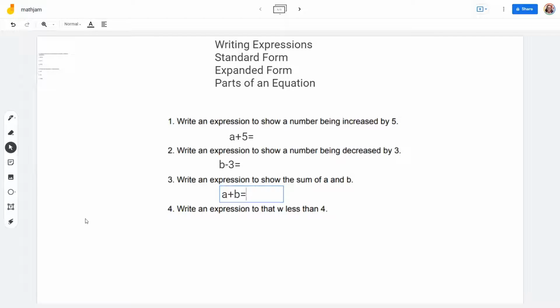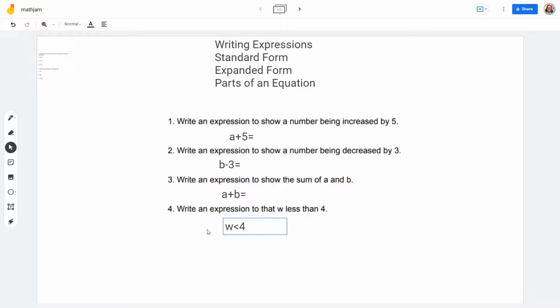All right, so let's see here. What's number 4 say? It says, write an expression that W less than 4. Ooh, write an expression, I think it means to show that W is less than 4. So we could say that W is less than 4.